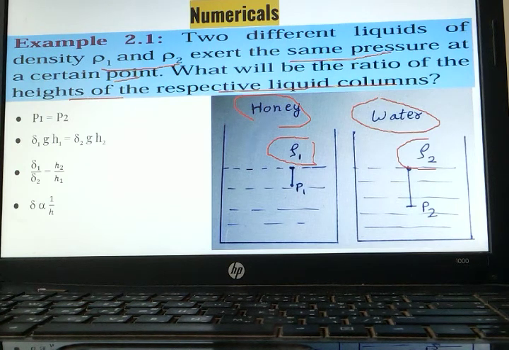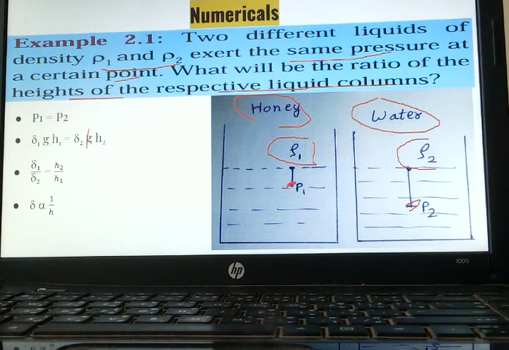You can see that with honey, pressure is felt at this point, but with water, pressure is felt at this point. Both points are not equal because density is also not equal. Similarly, P2, pressure due to water, is denoted by delta 2 g h2, where delta 2 is the density of water, g is the acceleration due to gravity, and h2 is the height at which pressure has been felt.